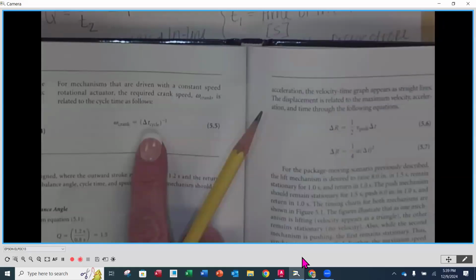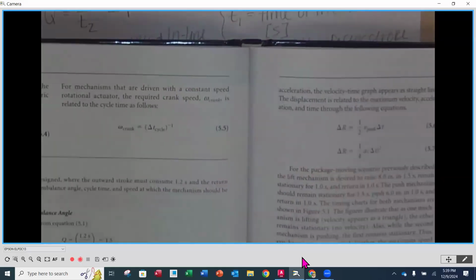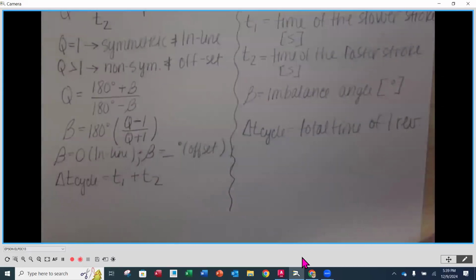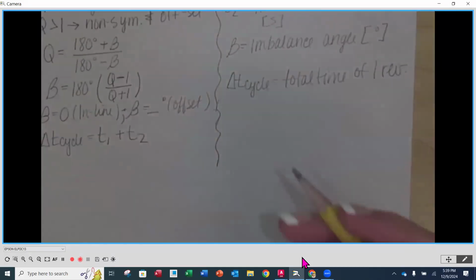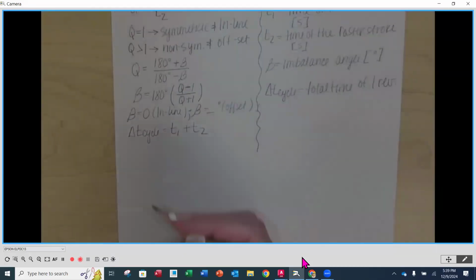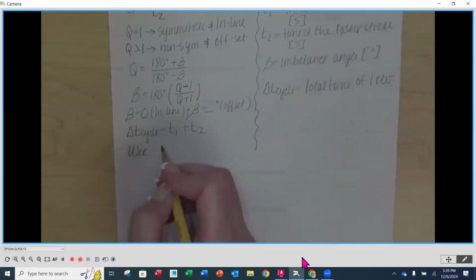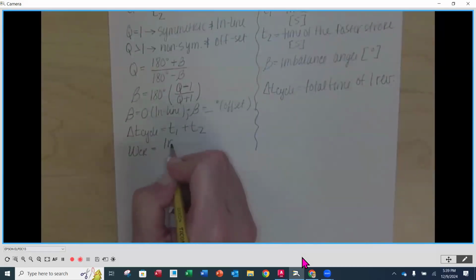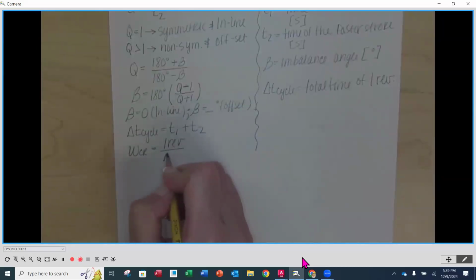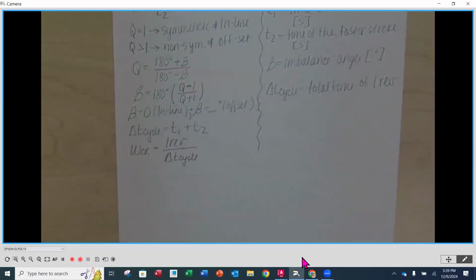It's correct, but it's the reciprocal of 1 over delta time, but I'm going to show you a better way to write it, I think. So we're going to do W, and I'm going to put CR for crank. It's going to be equal to 1 revolution divided by the total time for one cycle.